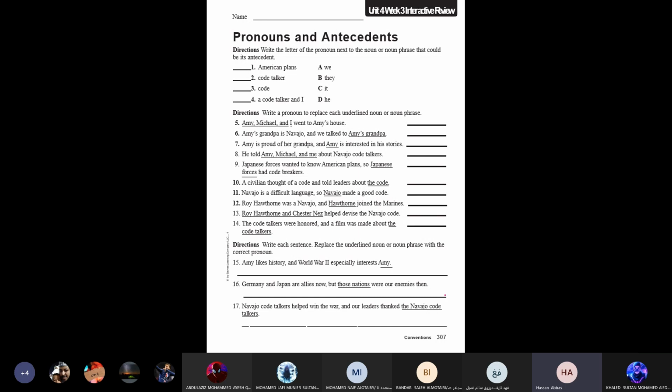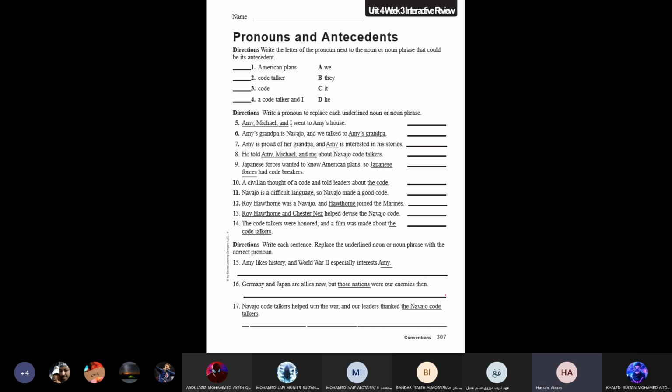Number 7. Amy is afraid of her grandpa, and Amy is interested in his stores. She. Very good. One more thing, keep it in mind, guys.